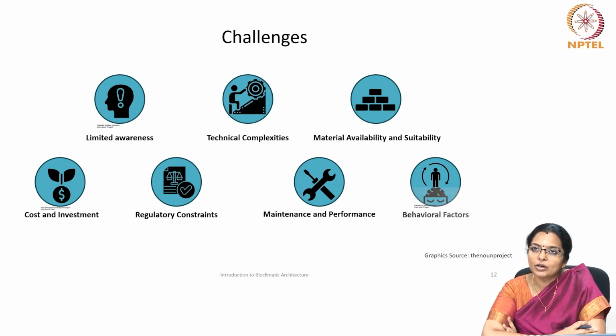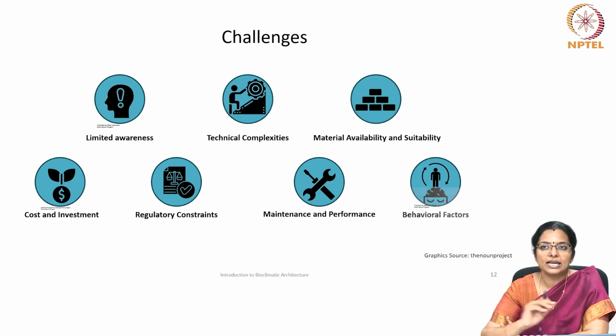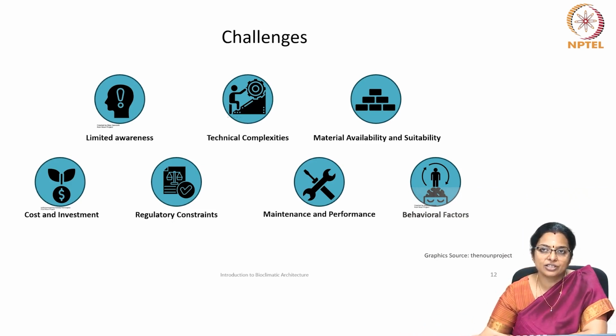The third is regulatory and code constraints. Building codes and regulations in some regions may not fully support or give incentives to bioclimatic design principles. This can limit the flexibility of architects and designers to implement innovative bioclimatic strategies.